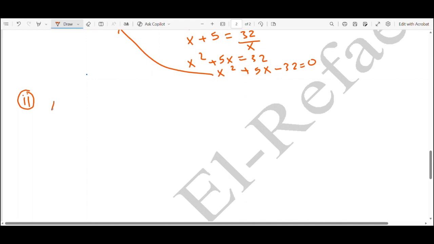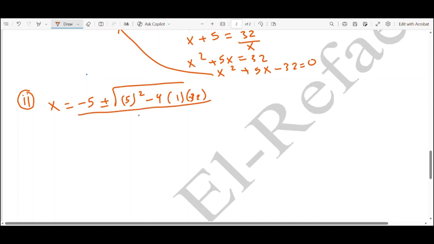So x equals negative 5 plus or minus the square root of 5 squared minus 4 by 1 by negative 32, over 2. And I will have two answers. The first one, x equals negative 5 plus 3 root 17 over 2.